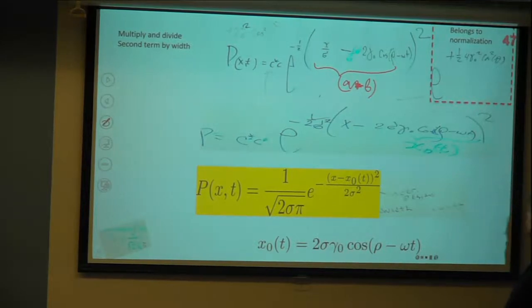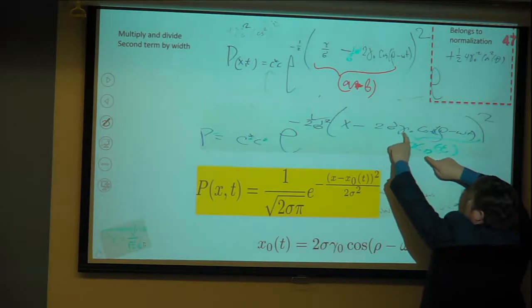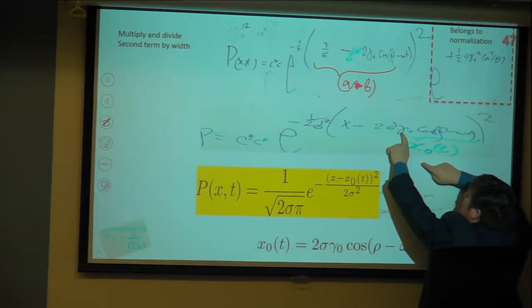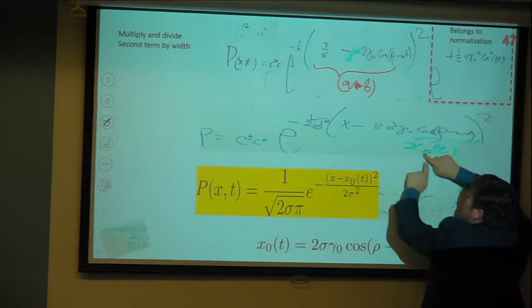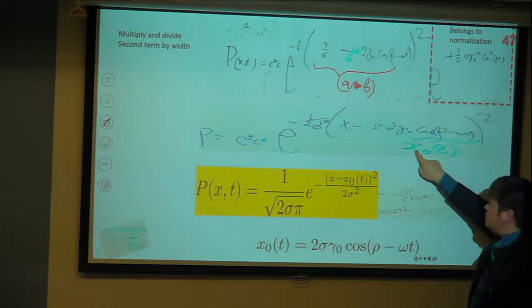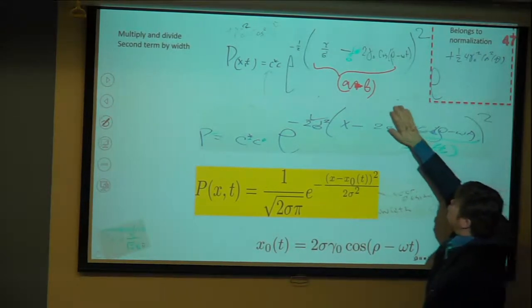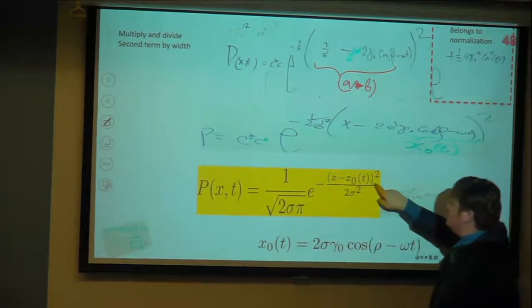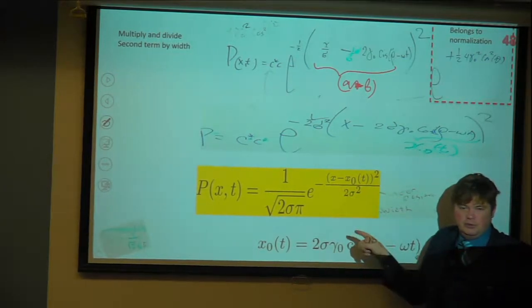But if we look at the functional form of this expression, we can call the initial amplitude times width parameter times cosine the average center of the distribution, and the rest of the thing is easily analyzed as a Gaussian distribution.